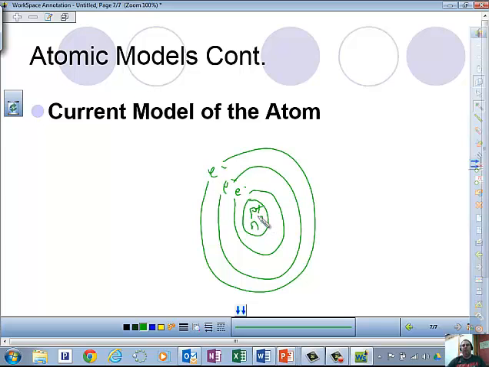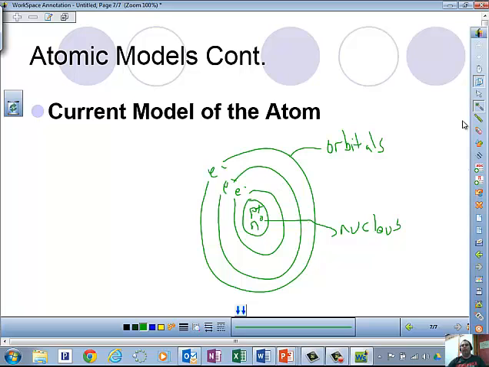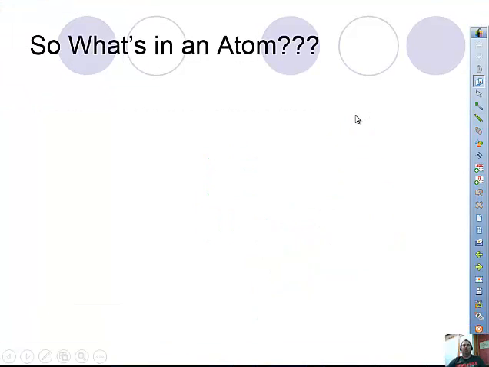We have our protons and neutrons in the middle, and that middle is called the nucleus. Where these electrons are on the outside, those are your orbitals. So you're going to need to know that current model of the atom: protons and neutrons in the center called the nucleus, and on the outside, those orbitals, that's where you're going to find your electrons.